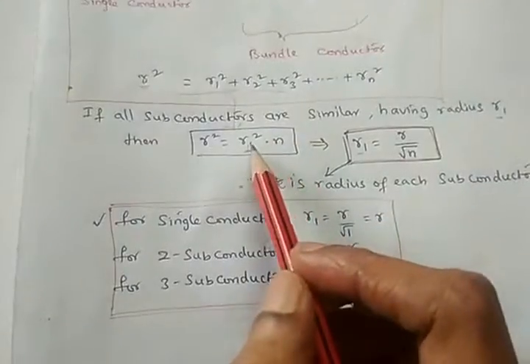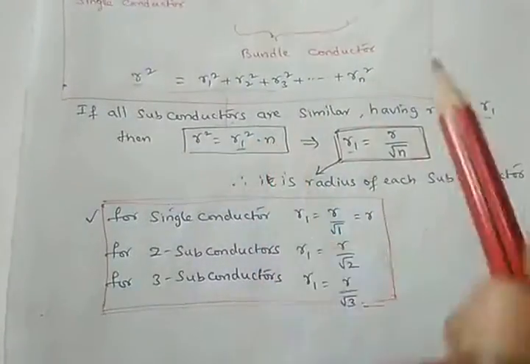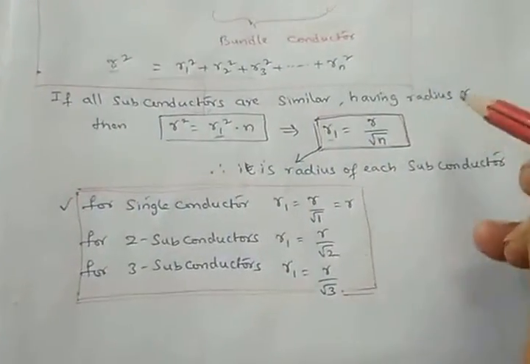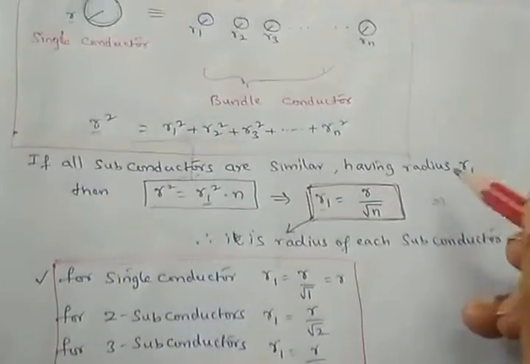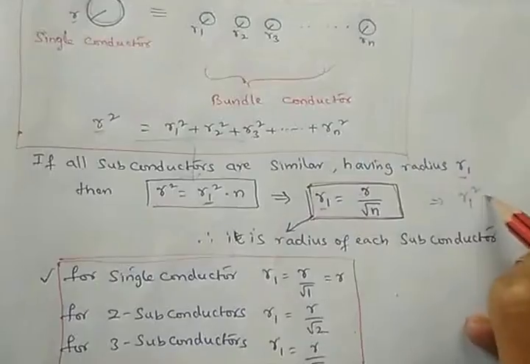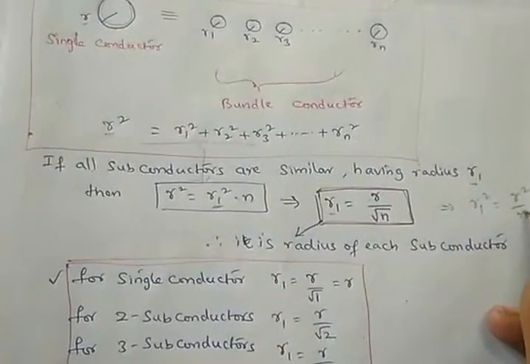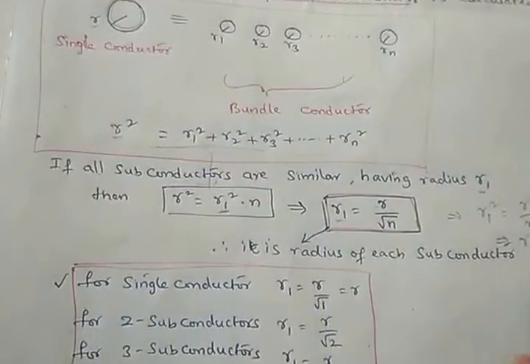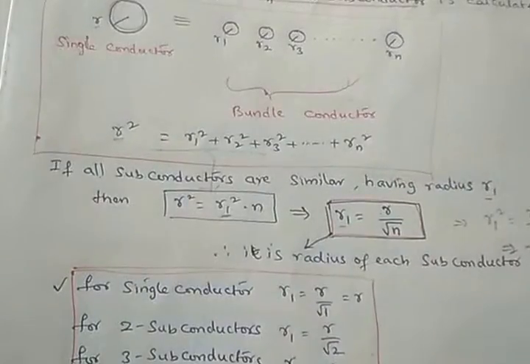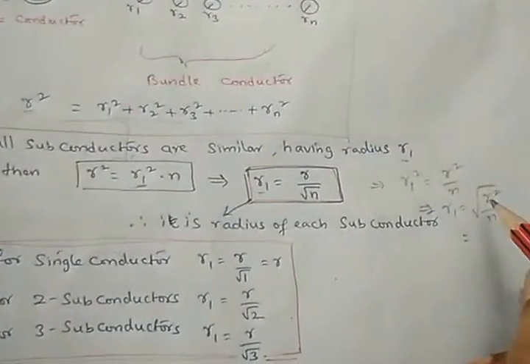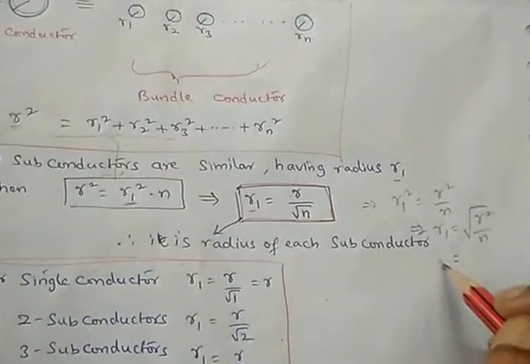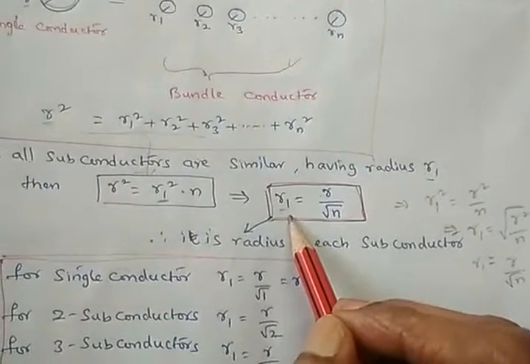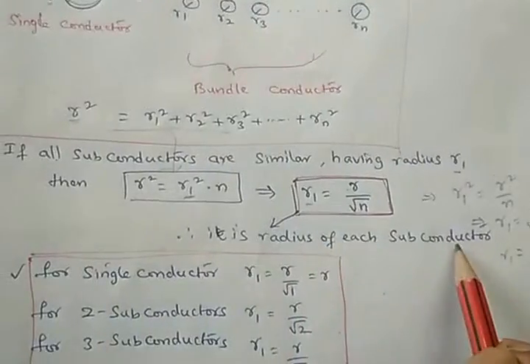So it becomes R1 square into N. From this you get R1 square equals R square by N. Again R1 equals root of R square by N, so R1 equals R by root N. This is the resultant equation, which represents the radius of each subconductor.